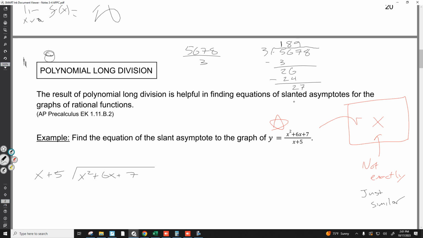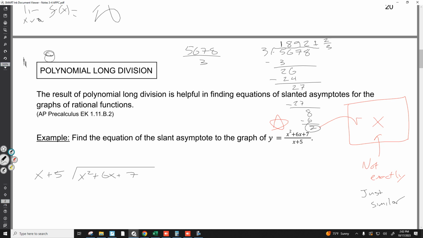I take care of that 2,700, but I have an 8 left over. Well, we can get 6 out of that 8. We have a remainder of 2. Now, what does that remainder of 2 mean? I still need 2 of these thirds more to get every part of the 5,678.